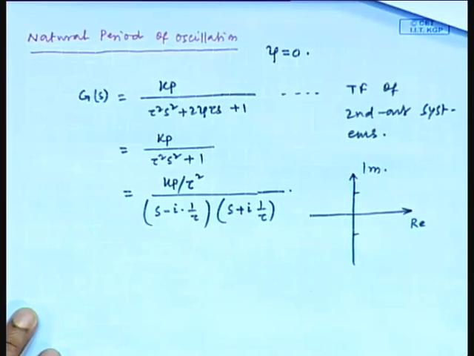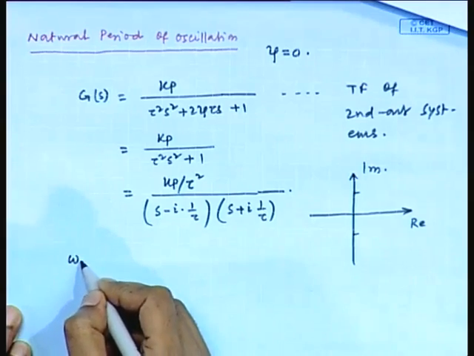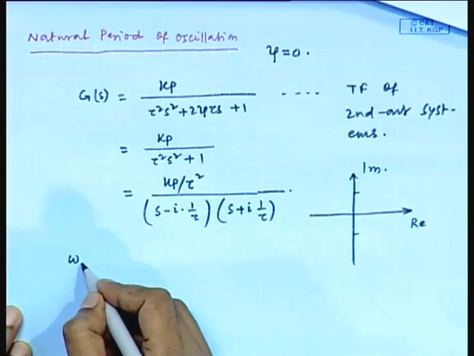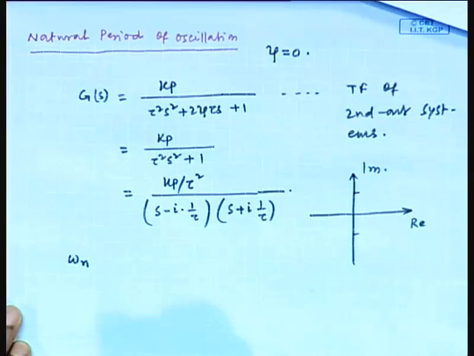For both the poles there is no real part. Therefore, both the poles lie on the imaginary axis. So, what about the natural frequency omega n?